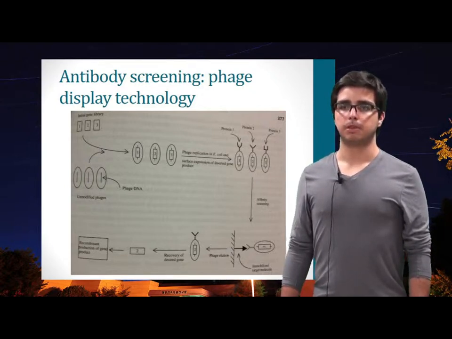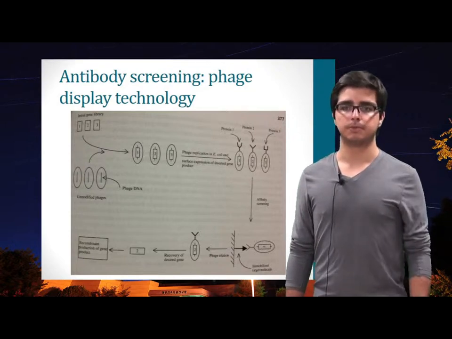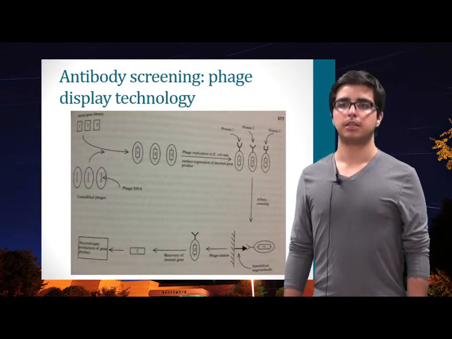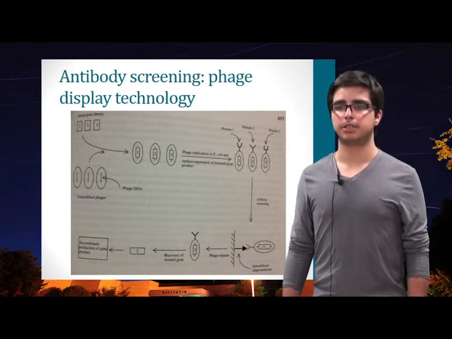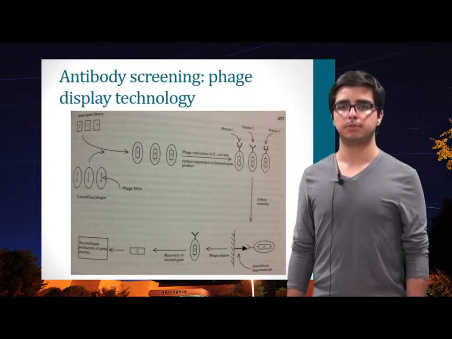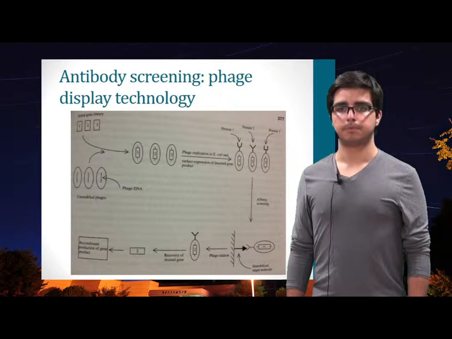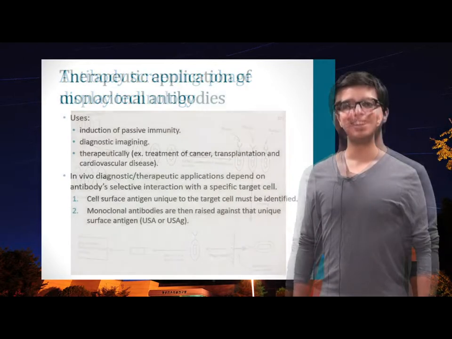Then this will help isolate them through affinity screening, such as affinity chromatography. Then once we have immobilized the phages that contain the antibody of interest, we elute them and we recover the gene, which can then be inserted into a vector.